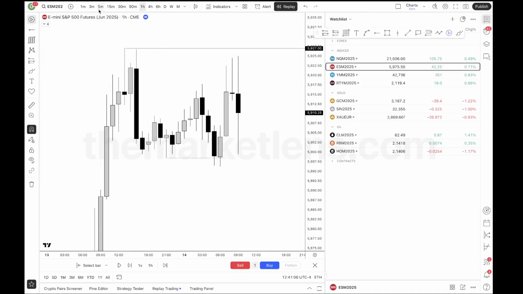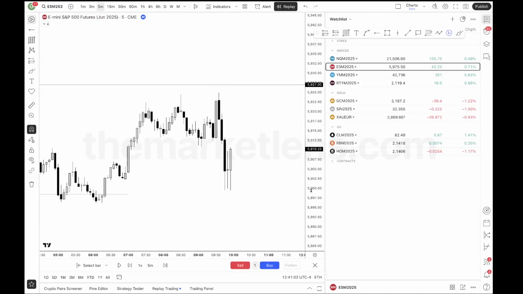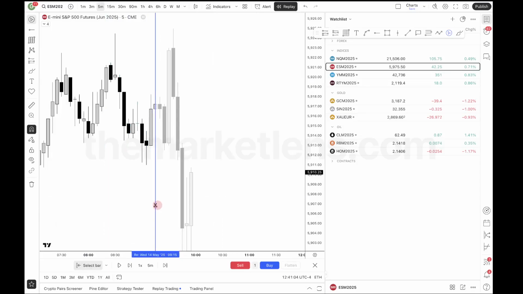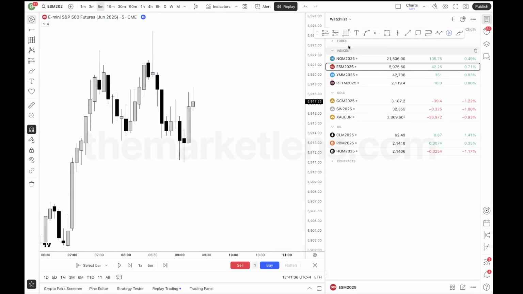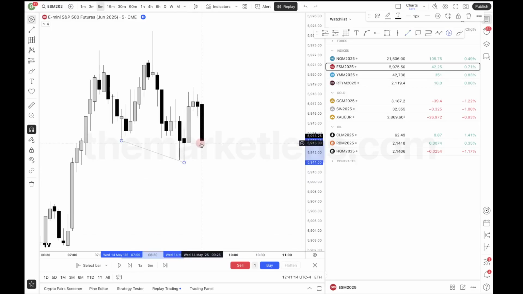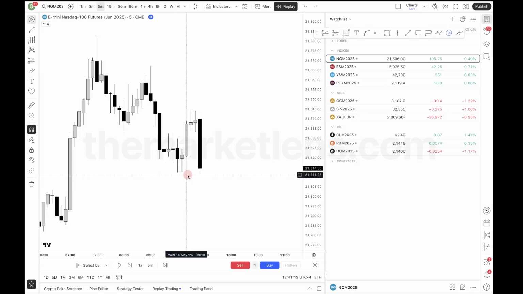Right? So when I go to 5 minute here, you're going to see that there is a two-stage SMT correlation here, where we take out this low here, right? And then later on, right before 9:30, we create this SMT at the lows. So you see how we take out this low here?